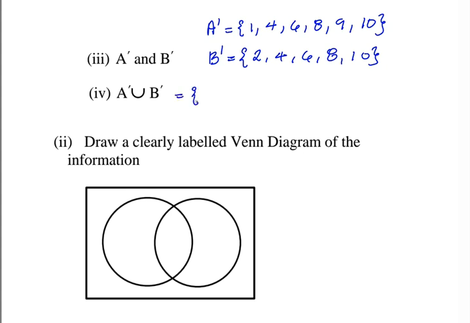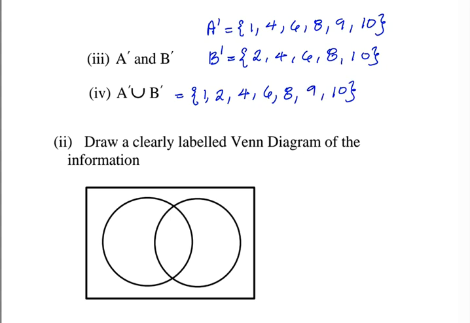So A complement union B complement would be 1, 2, 4, 6, 8, 9, and 10. That's A complement union B complement.